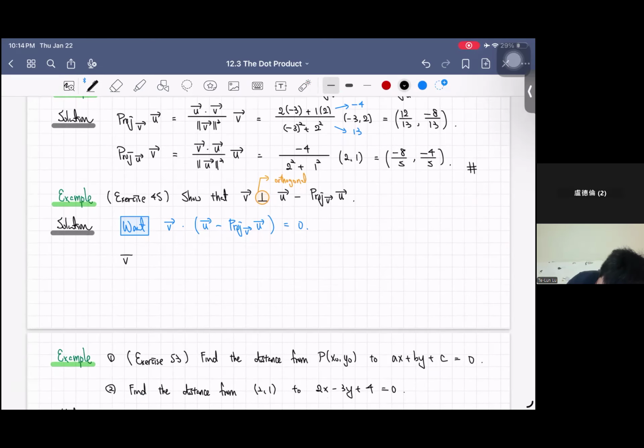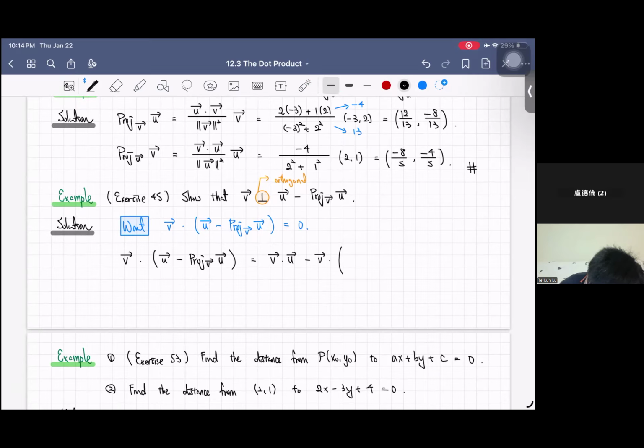So what is v dot this guy? By the distributive law, you have v dot u and v dot the whole thing here.